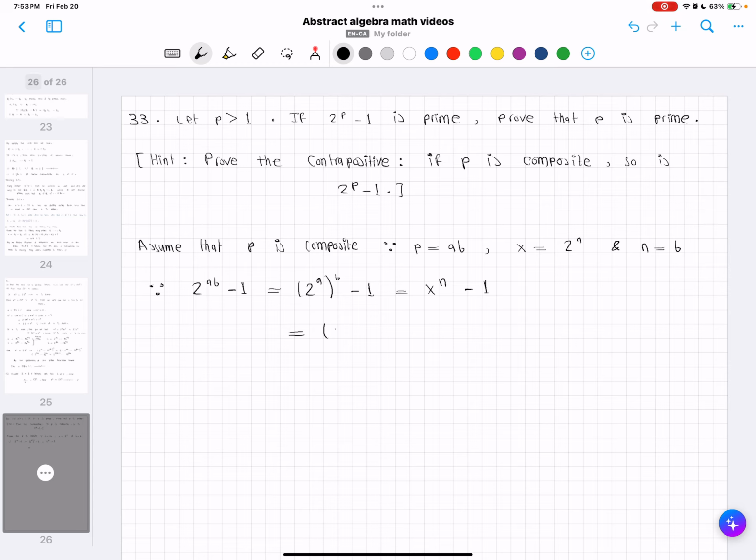So that would be x minus 1 multiplied by x to the n minus 1 plus ... plus 1. And so we can see that 2 to the AB minus 1 is also composite as well. And we are done.